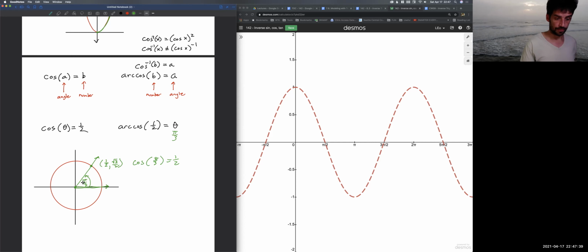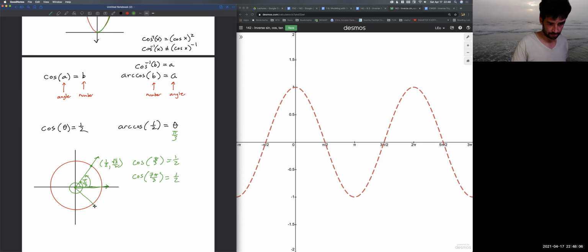There's a big problem though. The big problem is there's another angle, this angle there that goes all the way around. We've got to go an extra 2 pi, so 2 pi around plus the original third, we get 7 pi/3. This also is equal to 1/2. There's also an angle down here, negative pi/3.